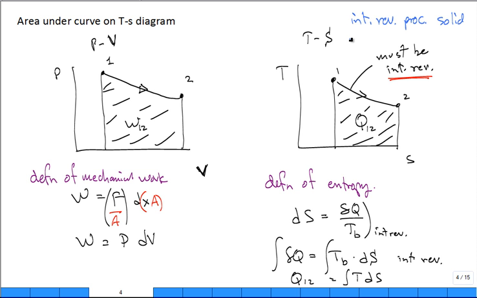If it's not an internally reversible process, show it as a dashed line on the property diagram. So if you were going from 1 to 2 and it wasn't, put a dashed line, meaning don't interpret the area under that curve as anything significant. It cannot be interpreted as the integral del Q or Q 1 to 2.